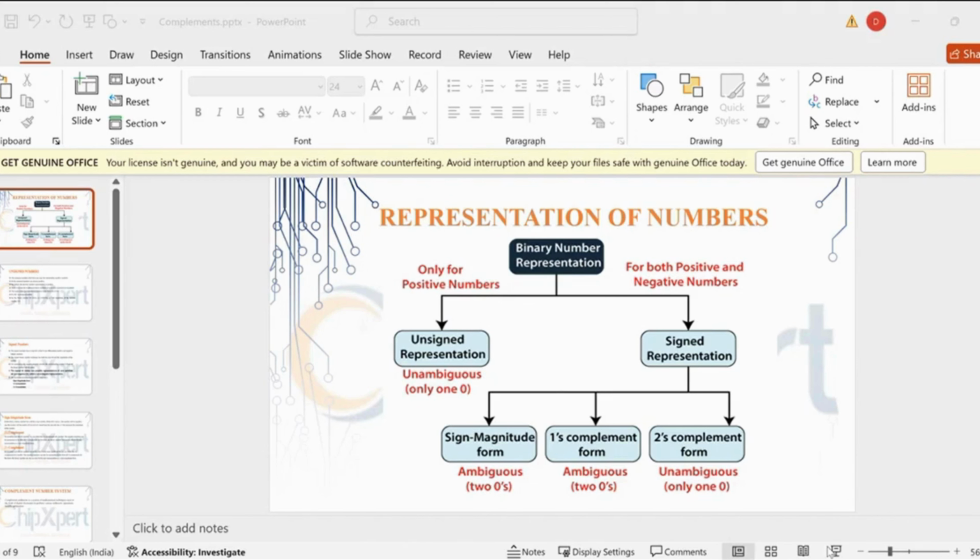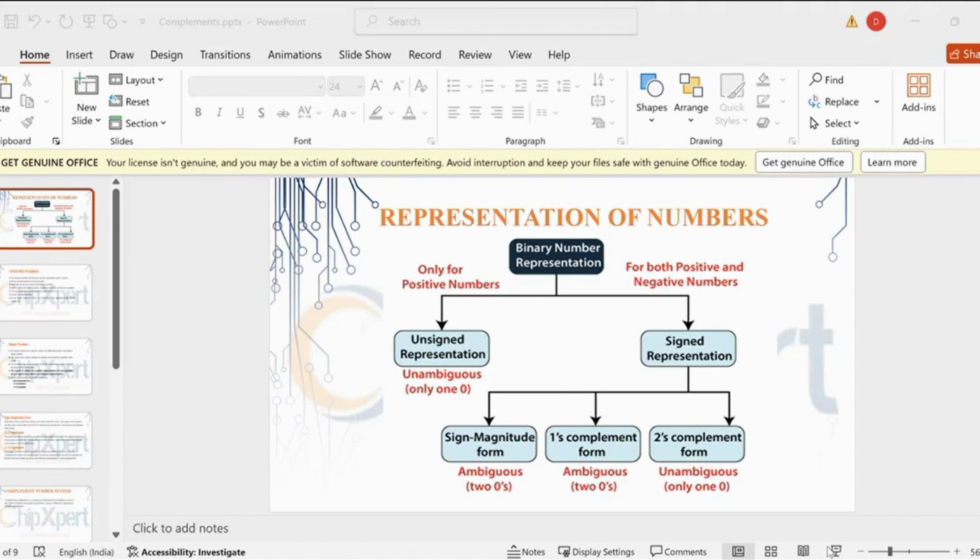So we have four types of number systems, right? What are the four types of number systems we have? Binary, octal, decimal, and hexadecimal. We can represent our negative number in any of these four number systems. If you want to represent in binary form, I can represent a negative number with one's complement and two's complement.